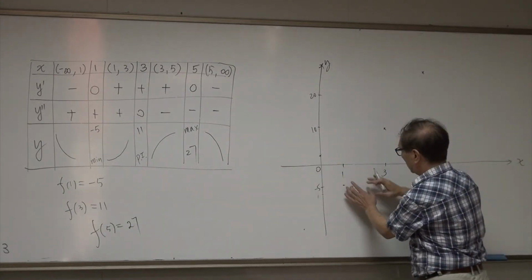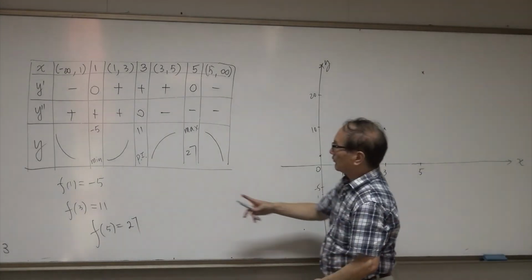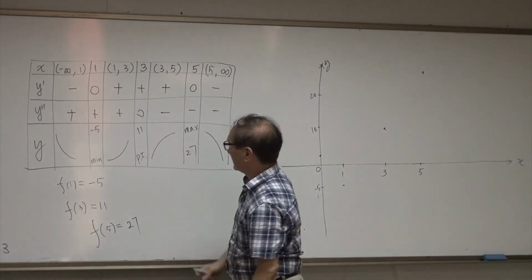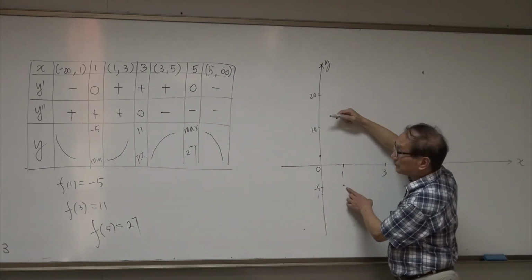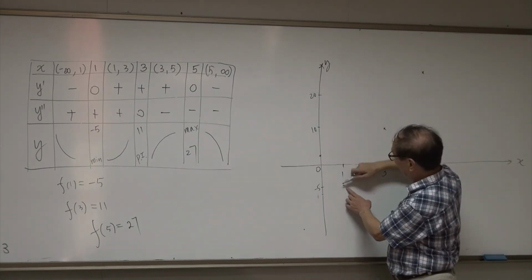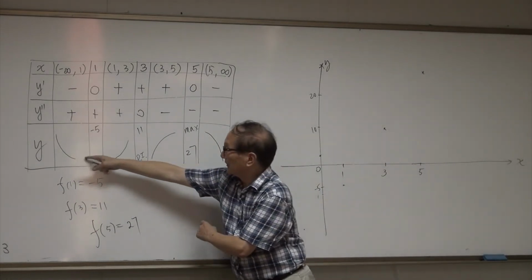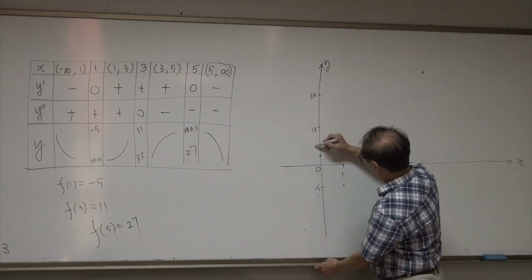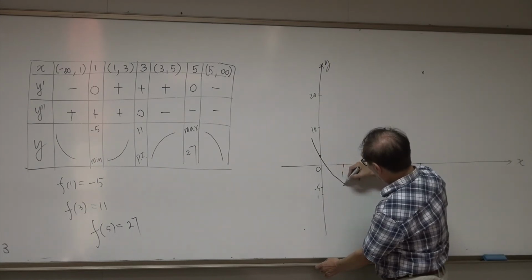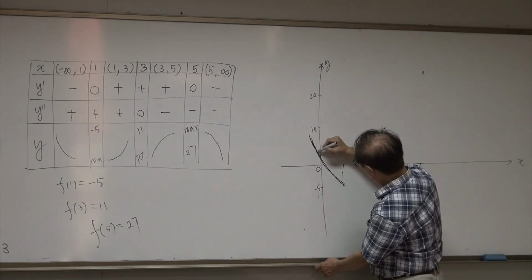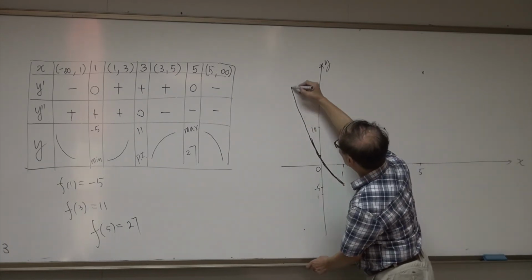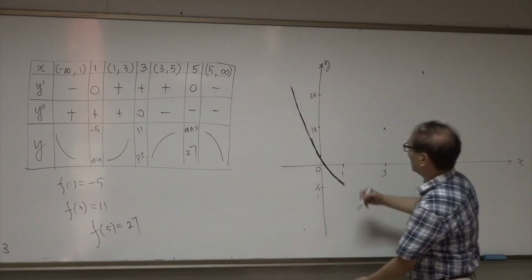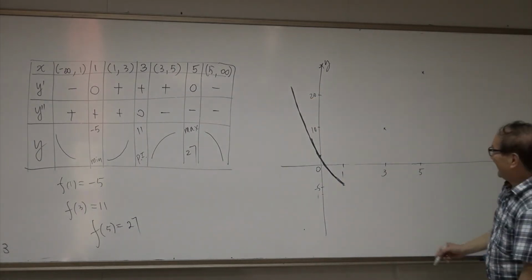Then combine all these, connect these points by using these shape curves. From infinity to this point, passing through the intercept, is this shape. So we have this, right? And this is the shape.